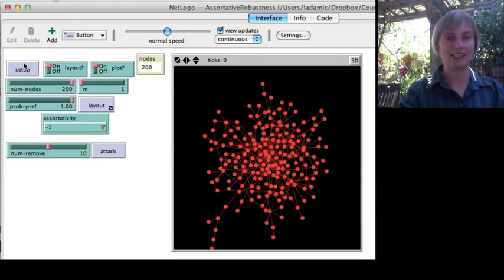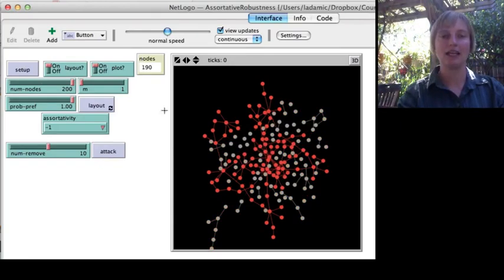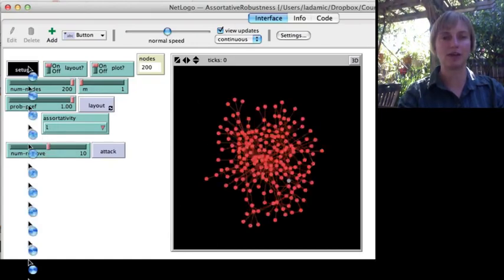So let's try and attack this. The way that we're going to attack it is we're going to select the 10 highest degree nodes, and we observe what happens to the network. Now let's grow an assortative network.